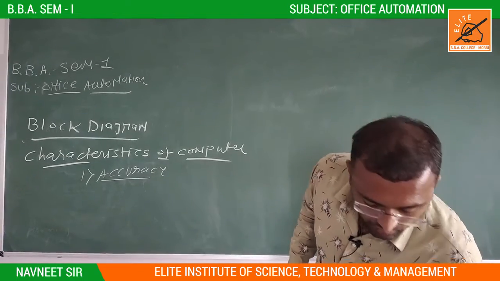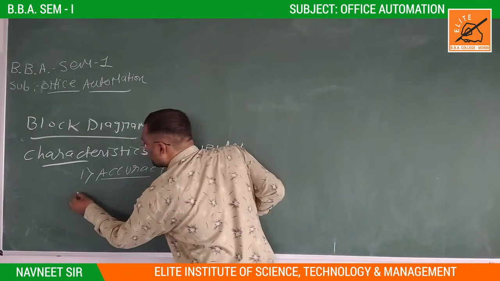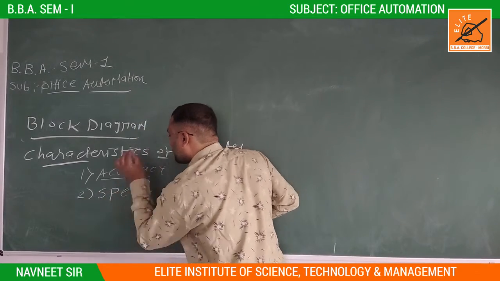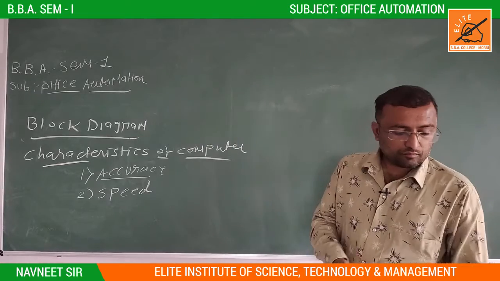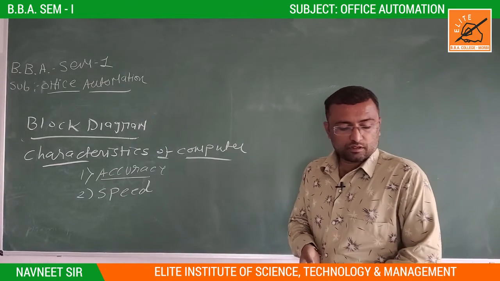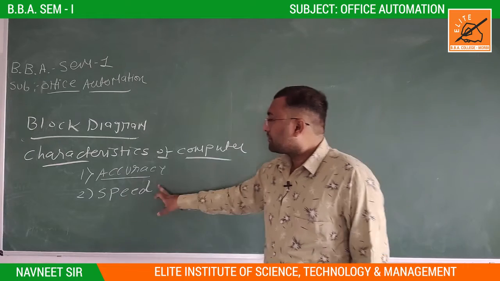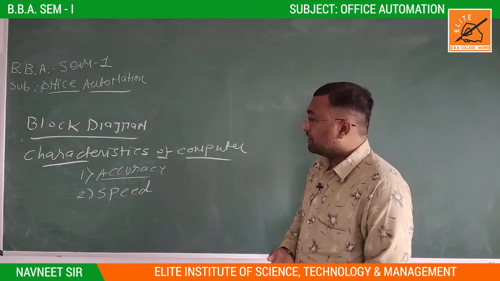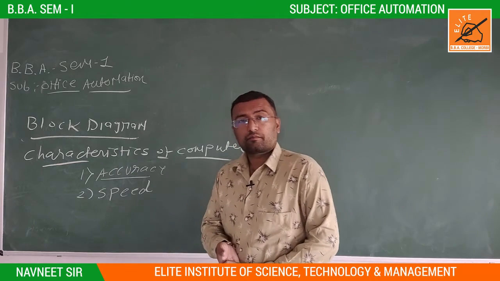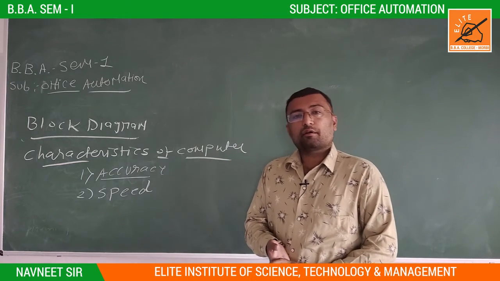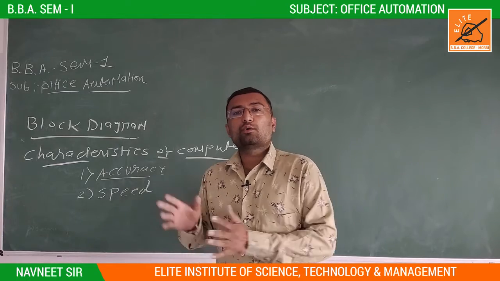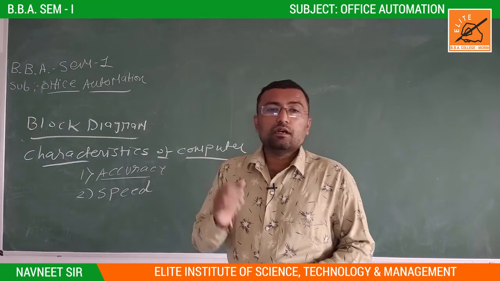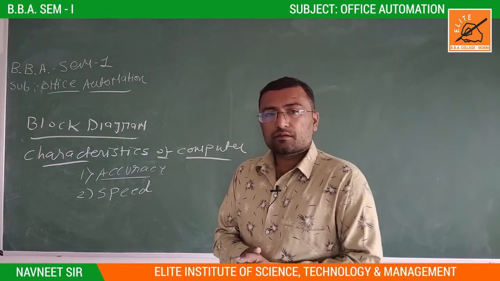The second important characteristic is speed. How speedy is a computer? One man can perform a particular work in 2 hours. That work can be performed by a computer in fractions of a second or in a few minutes.